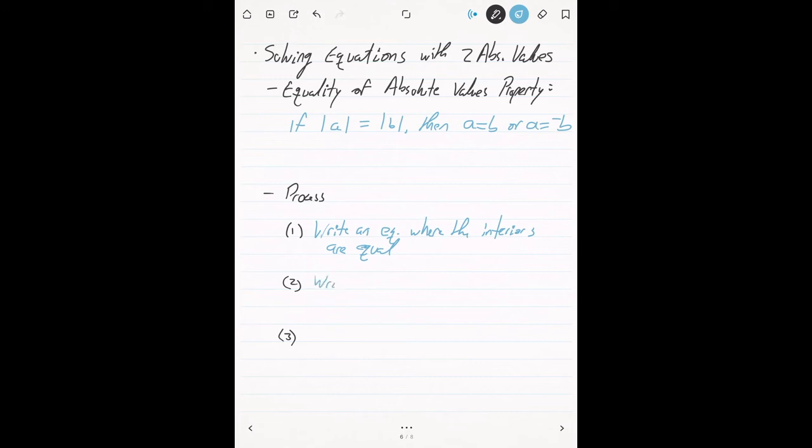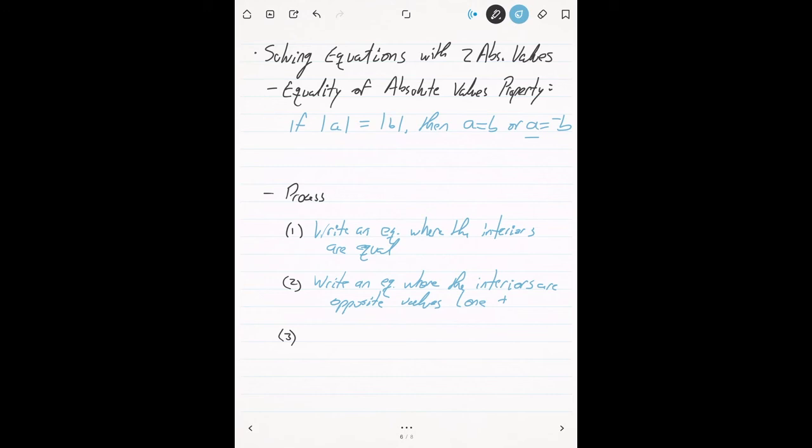Then we're going to write an equation where the interiors are opposite values. Remember, opposite means one's positive and one's negative. So we'll put that in parentheses here.